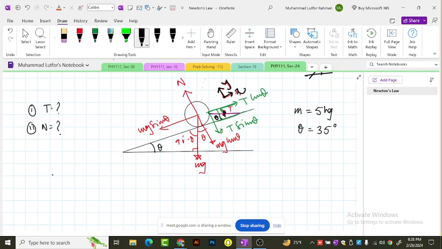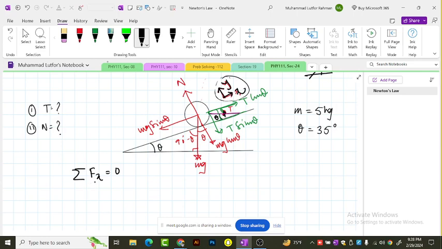Alright, so right now I'm looking to find out the tension in the string, then I'm supposed to write down the net force along the x direction is 0. Now, this is my reference axis right now, because that solid sphere is not moving along the x direction and along the y direction.